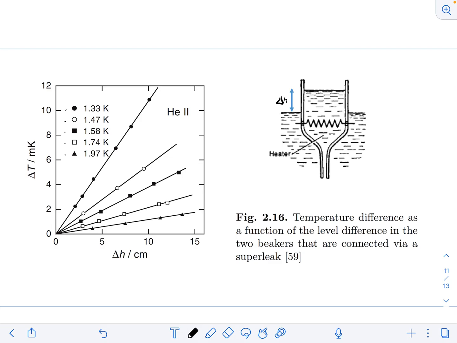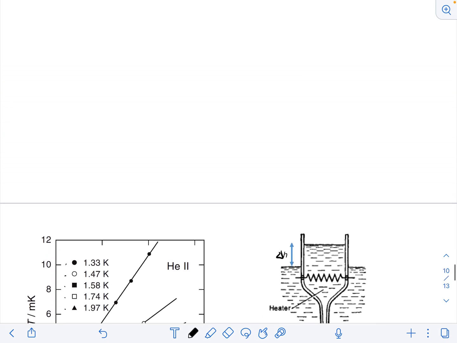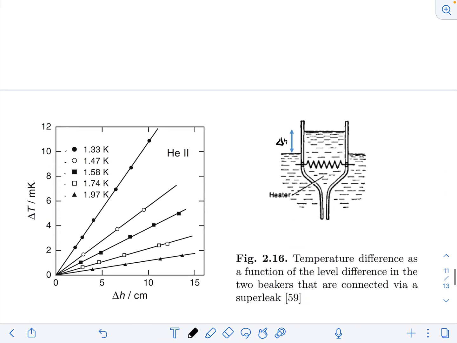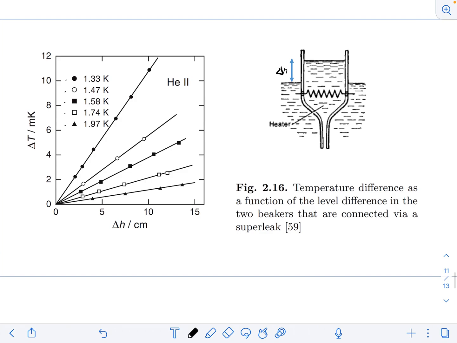If we look at our delta T versus delta P expression, the slopes of the lines can be used to determine the entropy of the helium-2 at different temperatures.